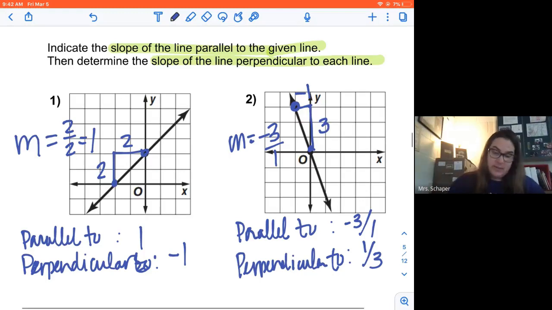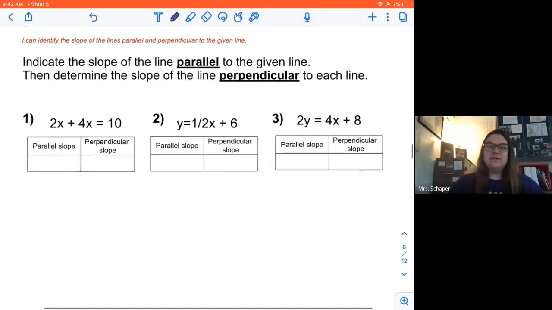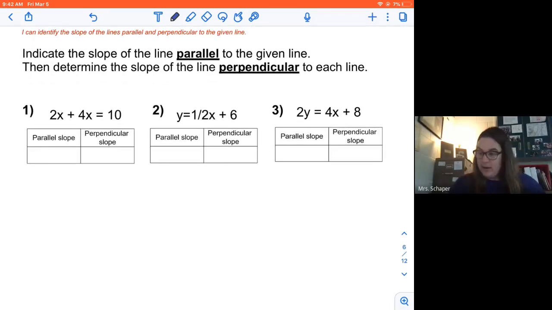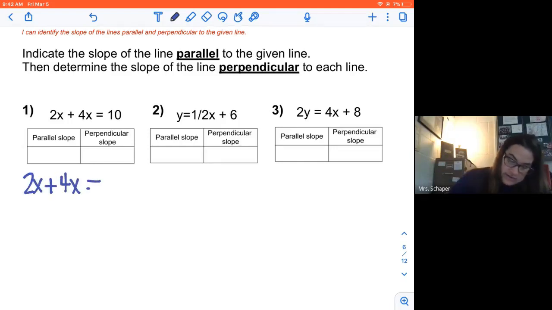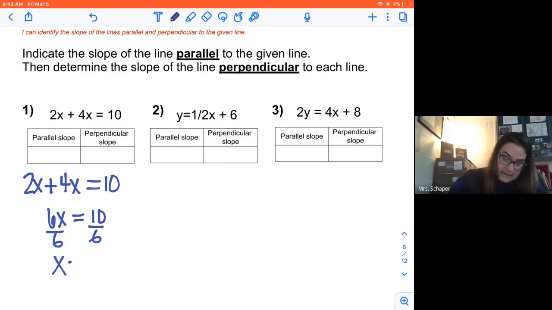All right, so here's a little bit of practice again with rewriting our equations in slope-intercept form and identifying parallel and perpendicular lines. So I'm going to start by rewriting this first equation in slope-intercept form. You might say, hey, wait a minute, there's no y. That's okay. So we have 6x equals 10. Divide by 6, x equals 5/3. Now, when we have an equation that is x only, x equals a number, it's a vertical line with an undefined slope.